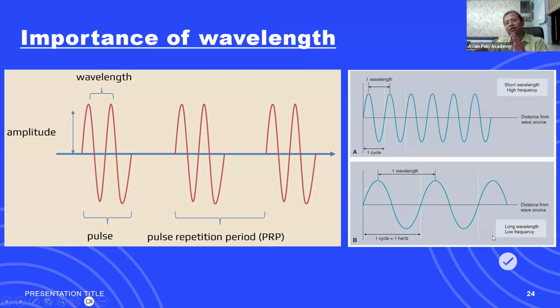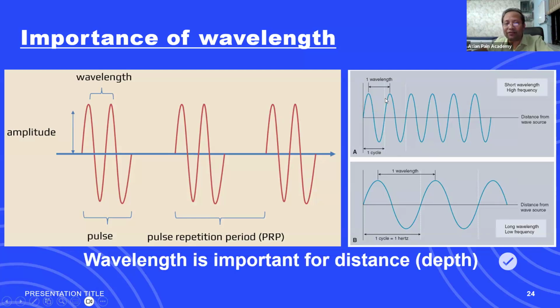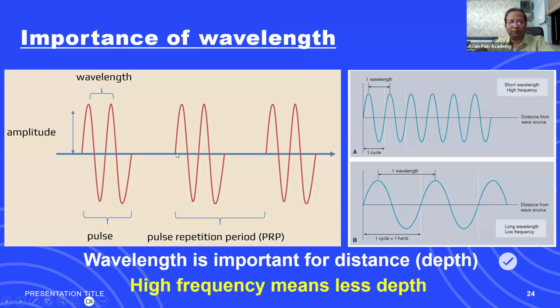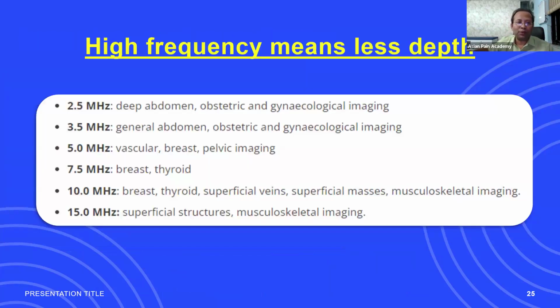Attenuation is the reason that a greater number of cycles cannot compensate for the wavelength effect. So wavelength is necessary for the depth. For clinical use, you remember a high frequency probe goes to less depth, and a low frequency probe is used for high depth in ultrasound.